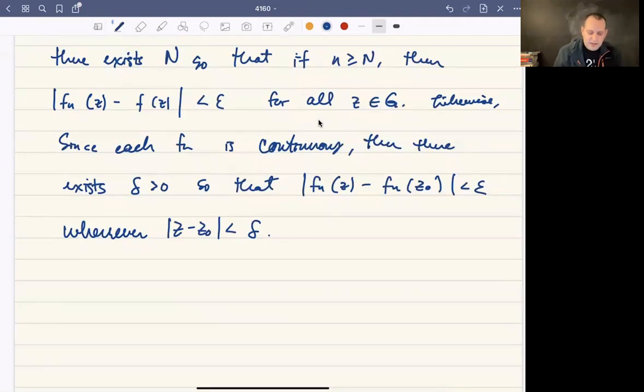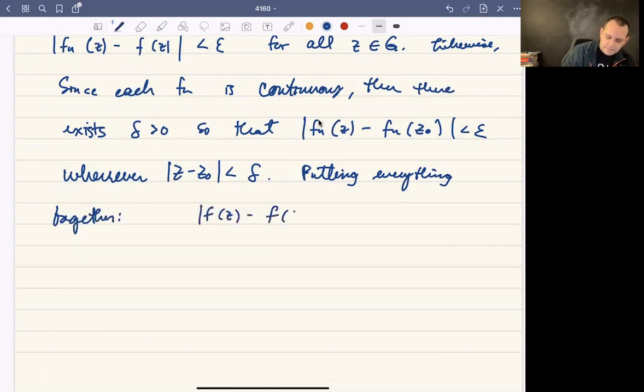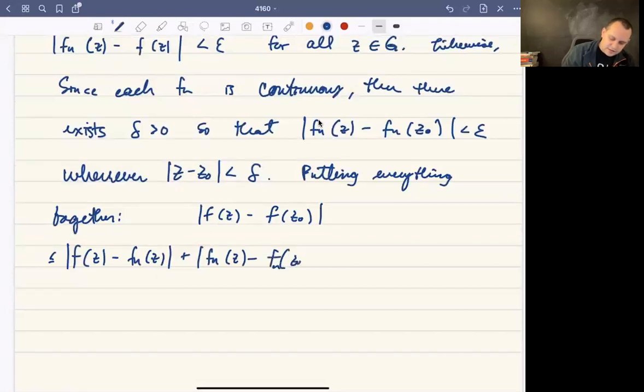And then if we put everything together, what's going to happen is we're going to get that |f(z) - f(z0)| is less than or equal to |f(z) - f_n(z)| plus |f_n(z) - f_n(z0)| plus |f_n(z0) - f(z0)|.